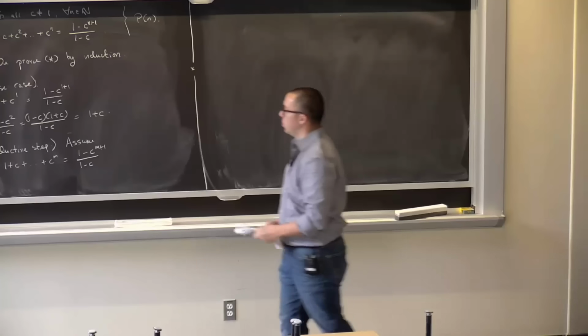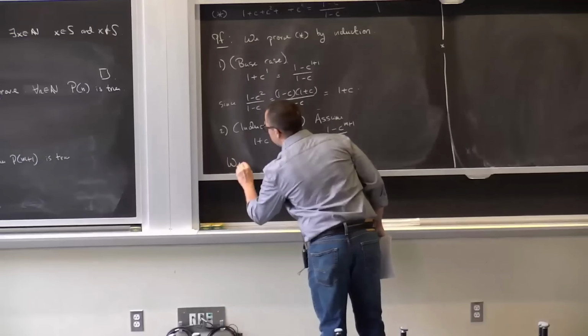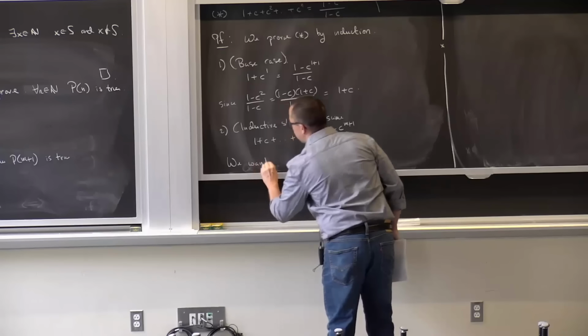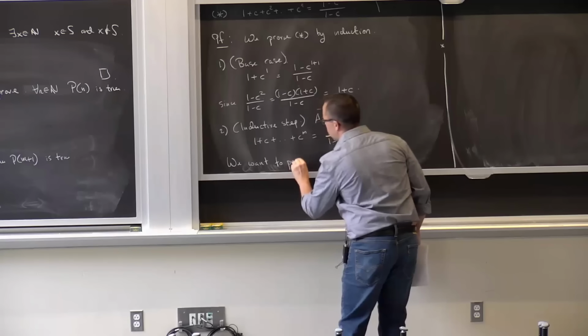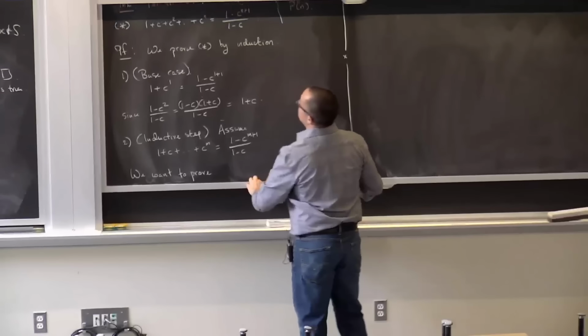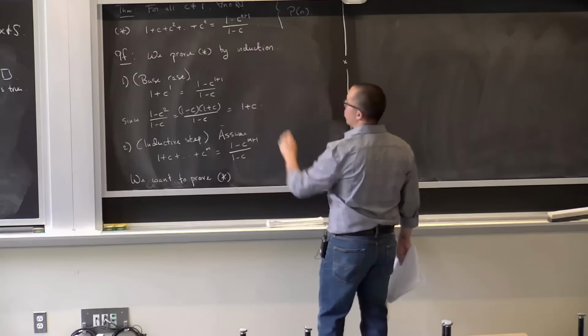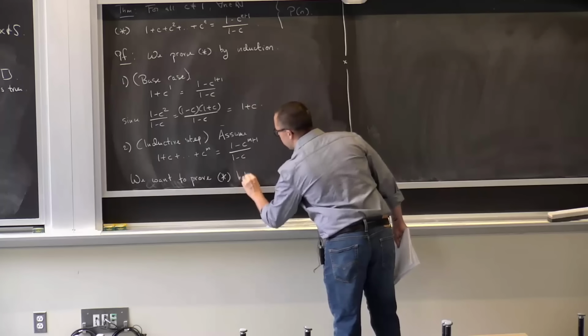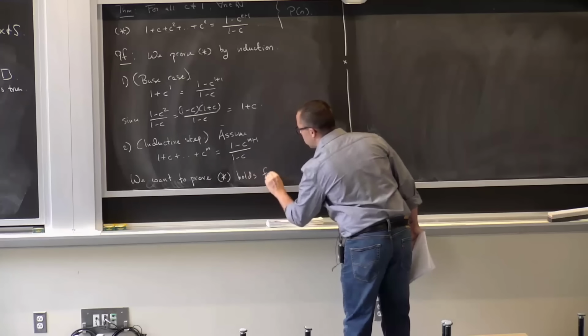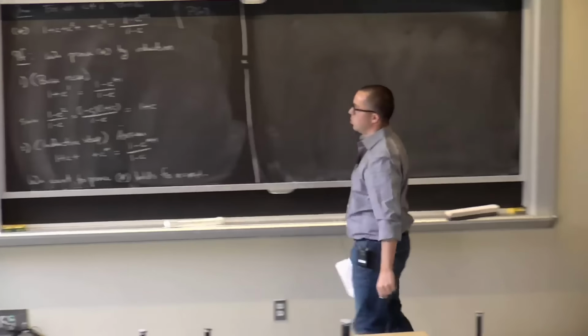Now we want to show, again, let's write out what we want to do. What's our plan? I want to prove that this equality, that this line star holds for n equals m plus 1.